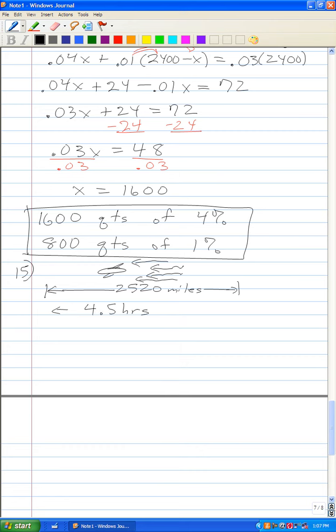Okay. So if you're going with the wind, it takes you 4.5 hours. And if you're going against the wind, you can go 2,160 miles.